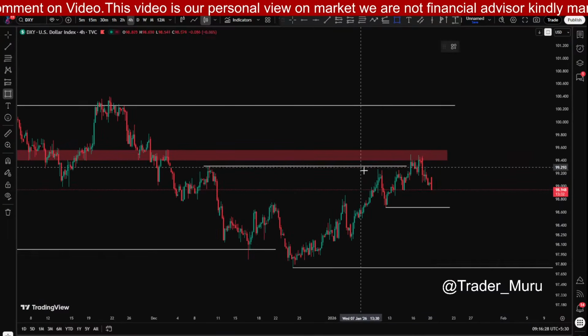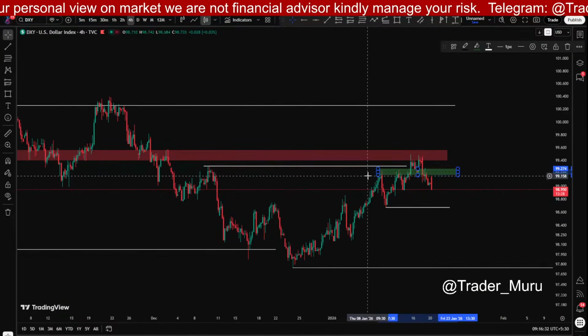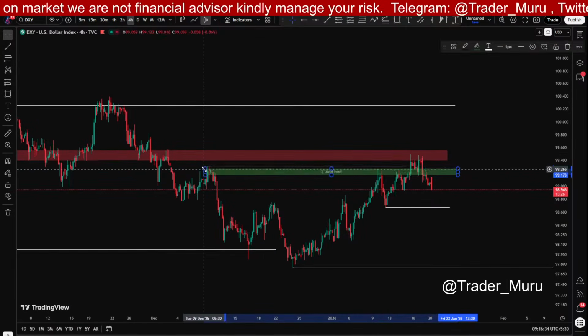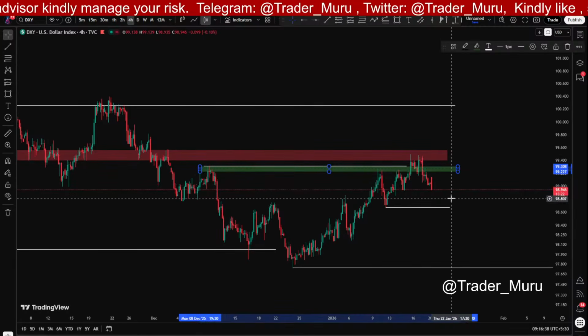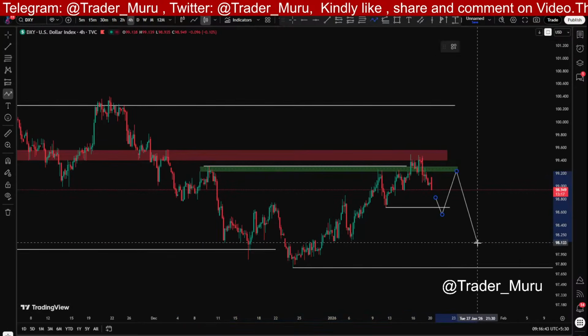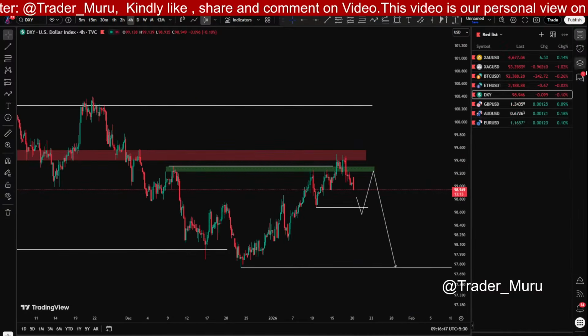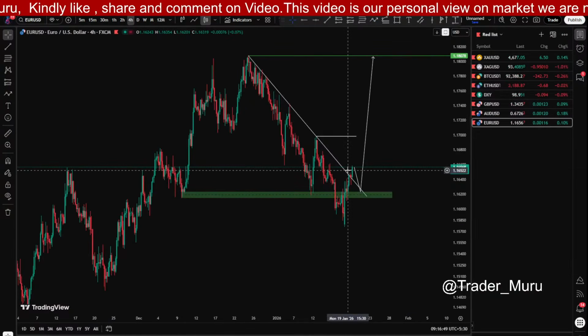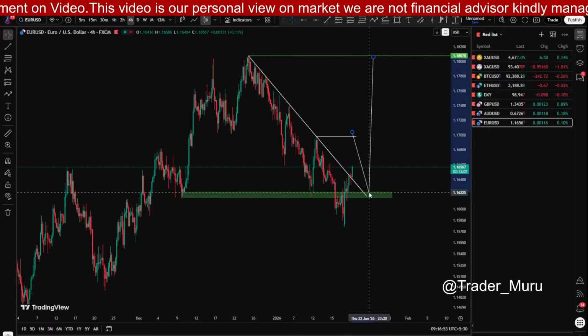This will be our QMS zone and this static resistance. So after the change of character, what will happen? It will test this area and drop like this. That's why I'm waiting for Euro to create this too. Same thing.